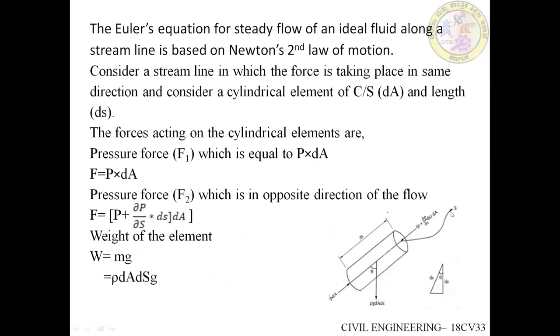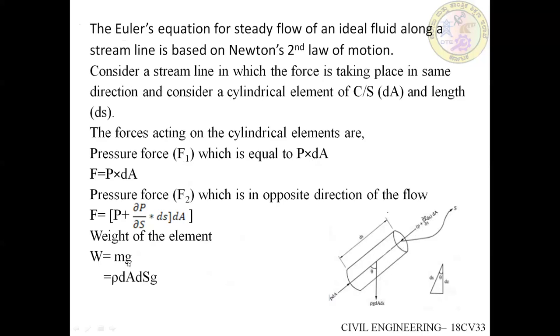The other force is F2, which acts in the opposite direction of flow, which can be taken as P plus dou P by dou S into ds, whole thing into dA.